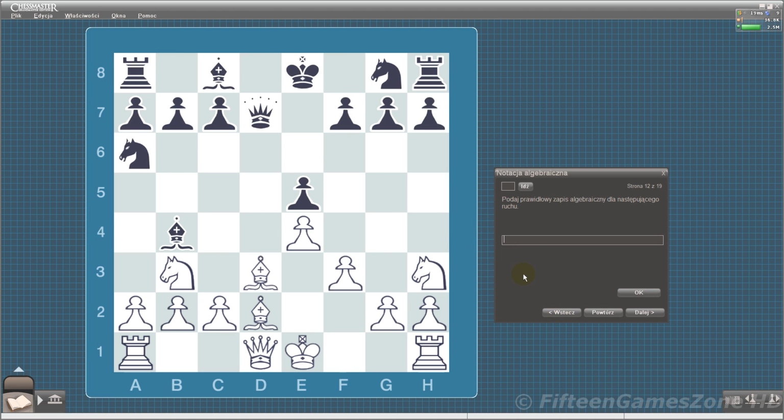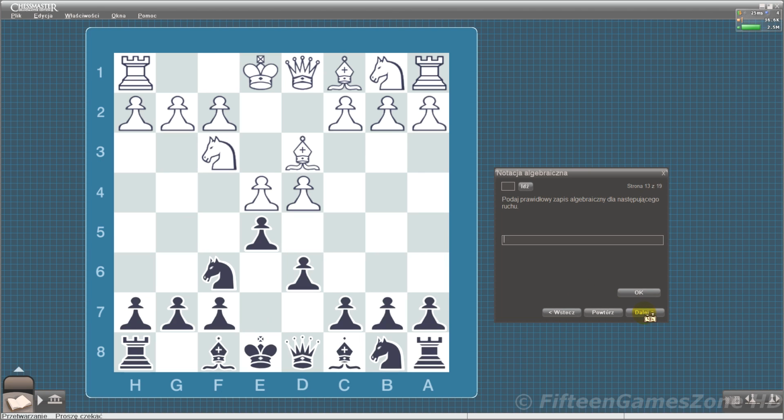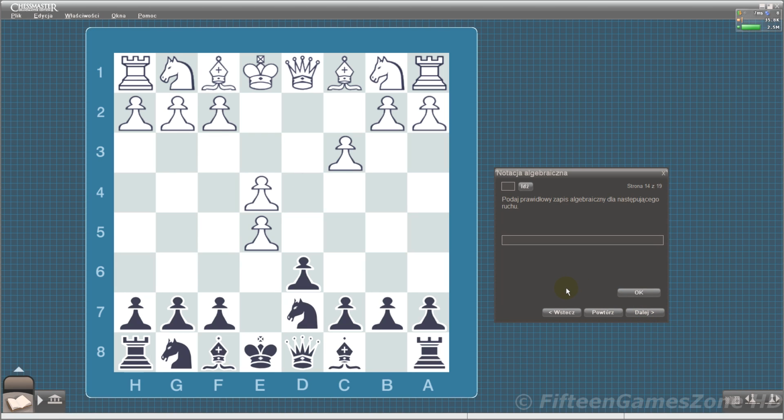Type in the correct algebraic notation for this move. Type in the correct algebraic notation for this move. Correct. Type in the correct algebraic notation for the following move.